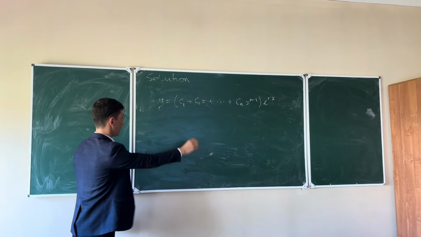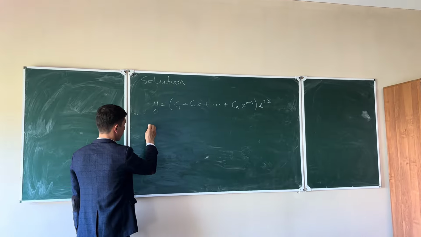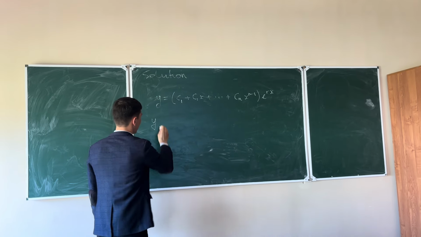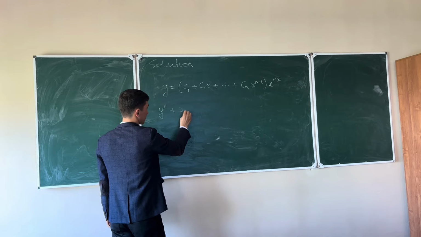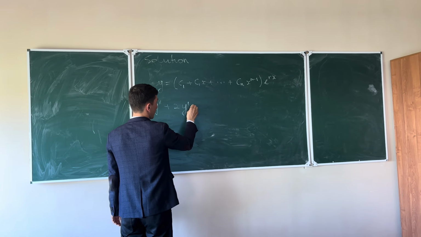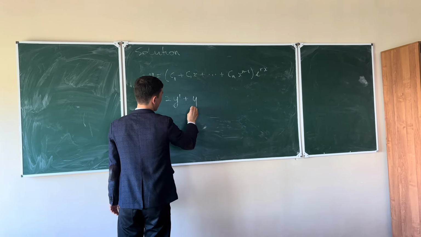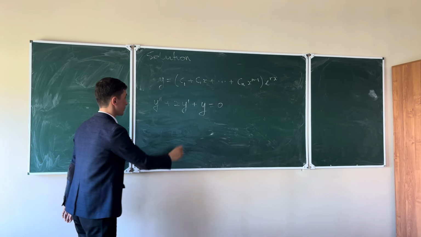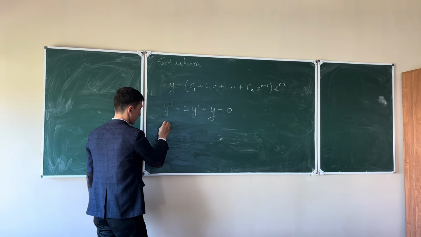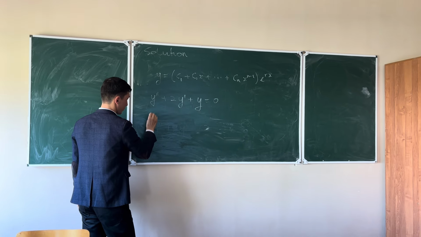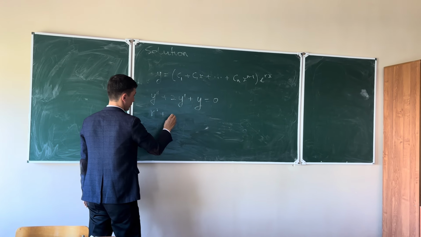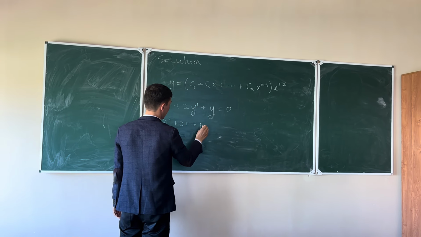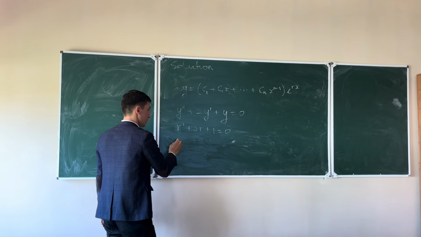Let's look at one example. The equation y double prime plus 2y prime plus y is equal to 0. And from this equation, we can get the characteristic equation, which is r squared plus 2r plus 1 is equal to 0.